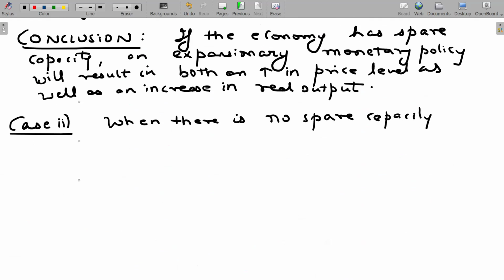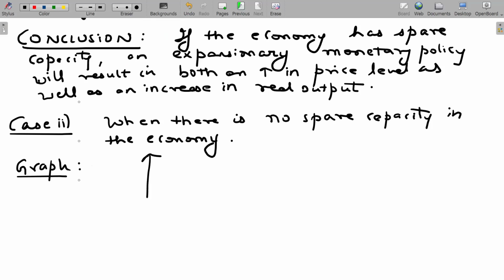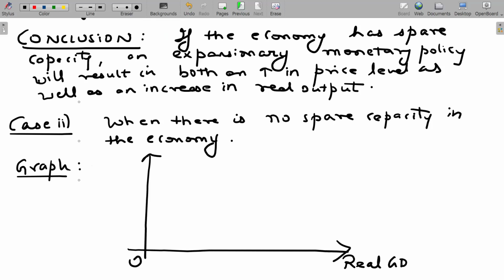That means all the resources are fully employed to their best possible potential. The graph is going to look like this. Again, real GDP is measured on the horizontal axis, price level on the vertical axis. This is our long run aggregate supply curve.